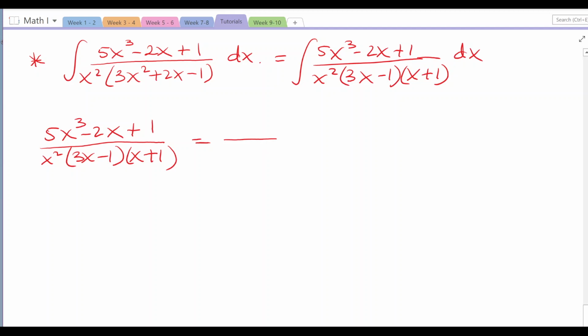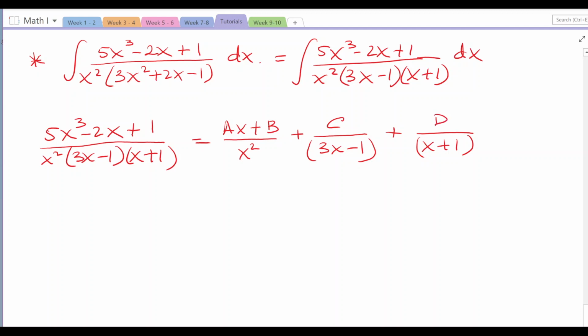The first element is x squared, therefore our numerator will be ax plus b. Plus the second element of our factor, 3x minus 1, so the numerator is simply c, and the next factor is x plus 1, and therefore this is simply d. So we need to find what a, b, c, and d are.